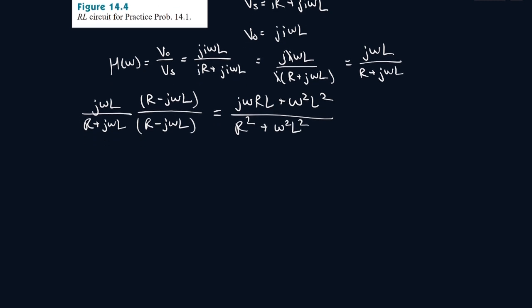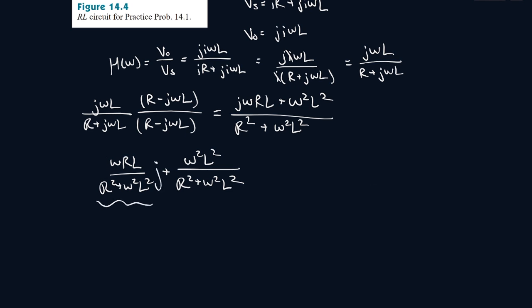Okay, now let's break this up. And notice the following. So I'll put this J here. We have the imaginary component and the real component of our transfer function now.